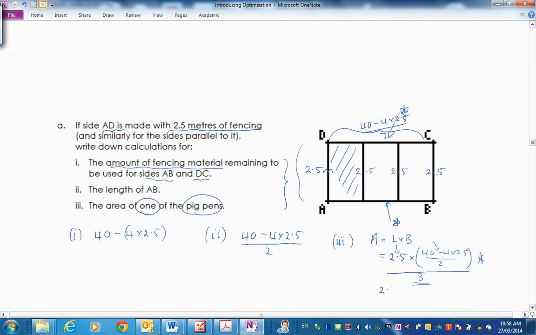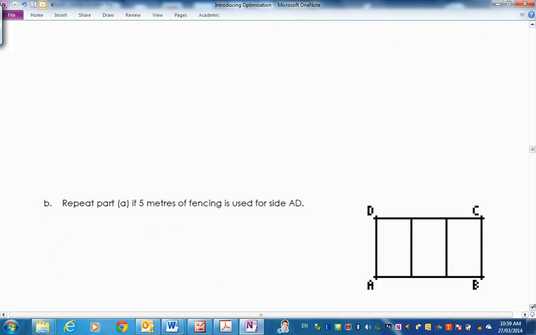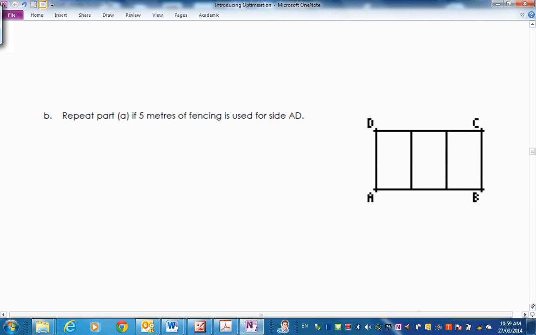You could have put it this way, 2.5 by a third, like that maybe. Any of that would do. Alright, can you see what we're doing? We're needing to build up our pattern so that we can get a mathematical expression and then see if we can find the optimal solution. In this case, it's going to be the maximum area to find so that we got the maximum health of our pigs.